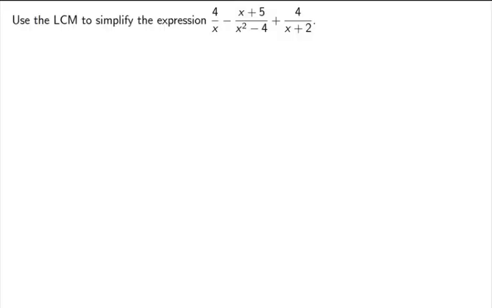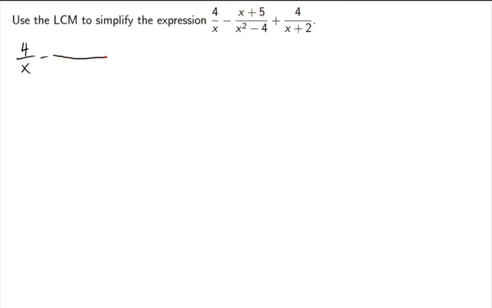So let's use this idea to simplify a more complicated expression. If I want to add or subtract rational expressions and I need to use the LCM, a really good idea is to start out by factoring as much as you can. You might factor the numerators too, but I see this can't be done. X plus 5 is factored. 4, those are just numbers.